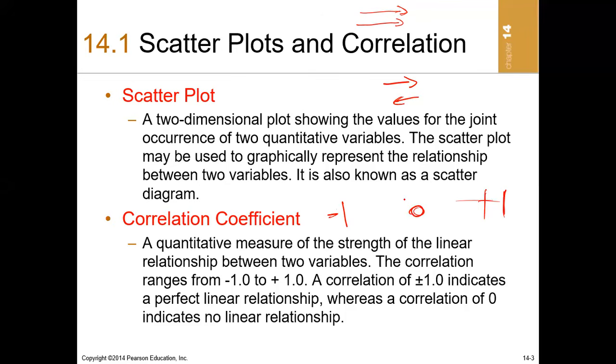As the coefficient approaches -1, it is becoming very strong negative, and as it approaches +1, it is becoming very strong positive. Once it is 0, there is no linear relationship between the two sets of variables.